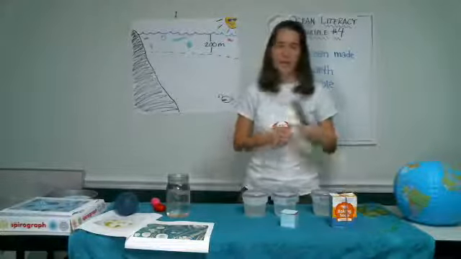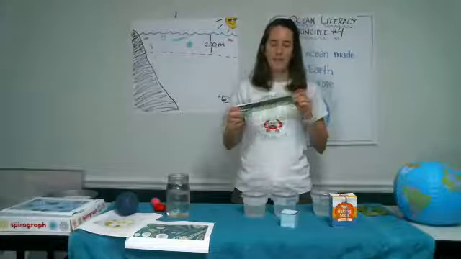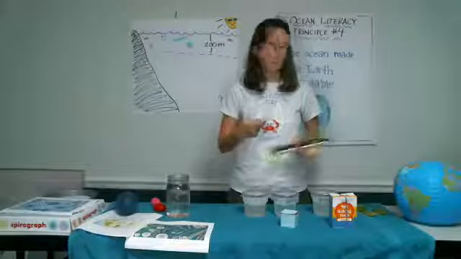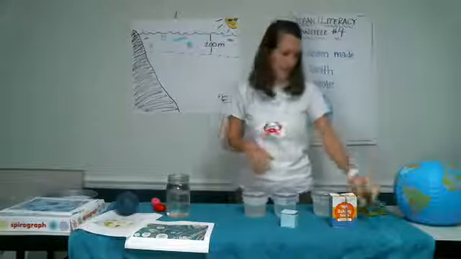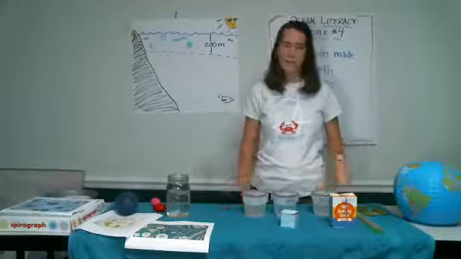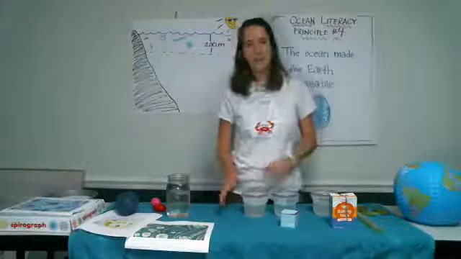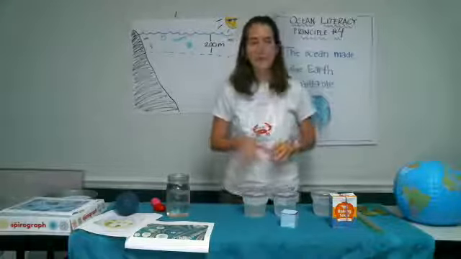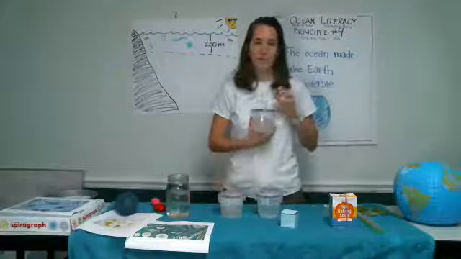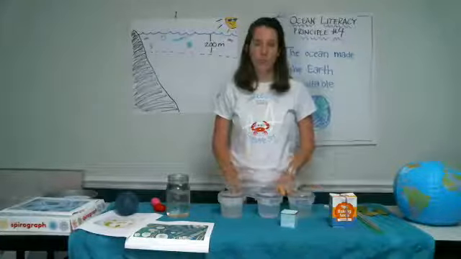So you're going to punch 10 evenly sized holes. If you have a 3-hole punch like this, that works fine. If you have a single hole puncher, that works fine too. So you're going to have 10 holes for your control treatment and 10 holes punched for your experimental treatment. In here, we have about 250 milliliters of water in each one of these containers.